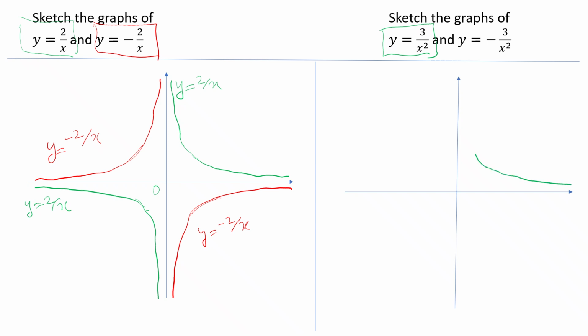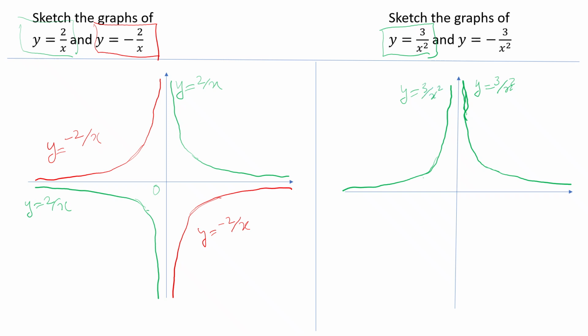When x is negative, x squared is positive, so y is positive. So the graph is going to be in the second quadrant. So let's label this one y equals 3 over x squared.